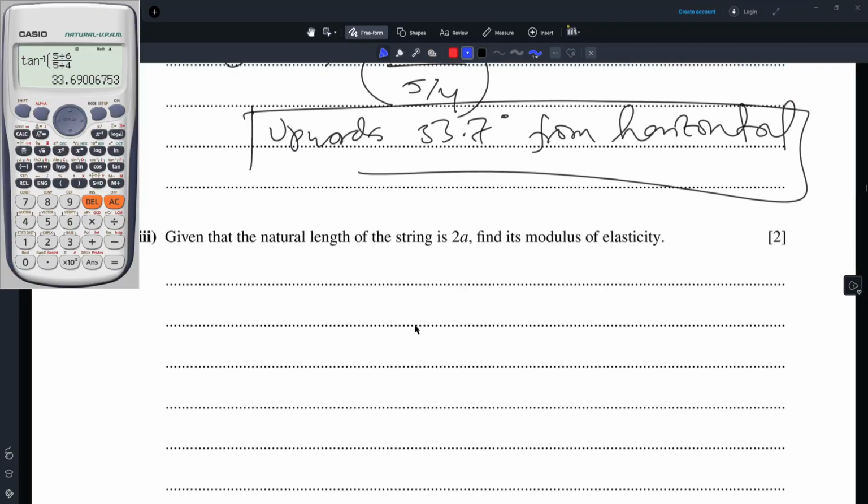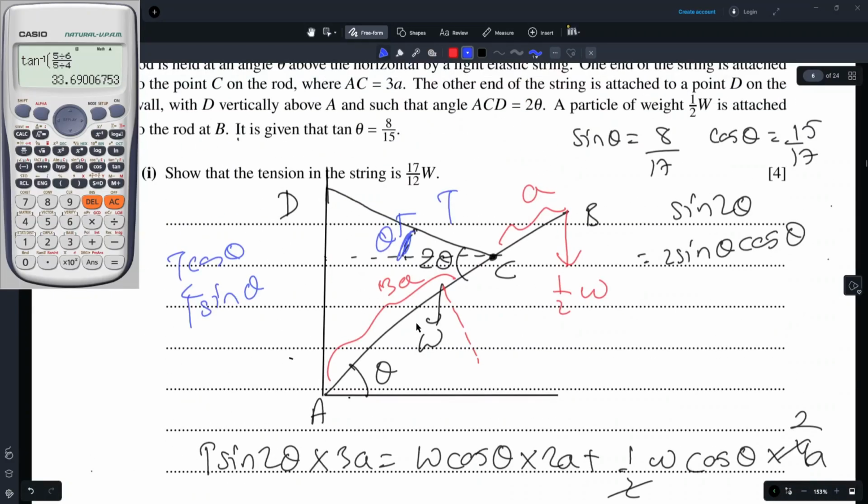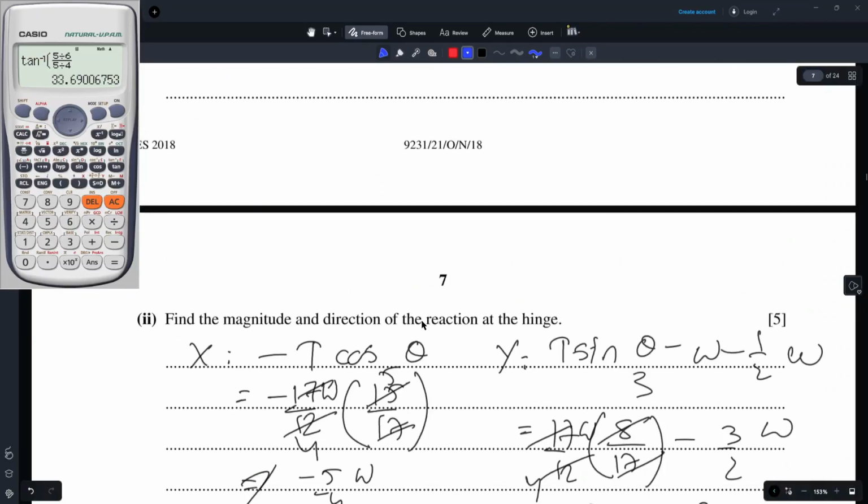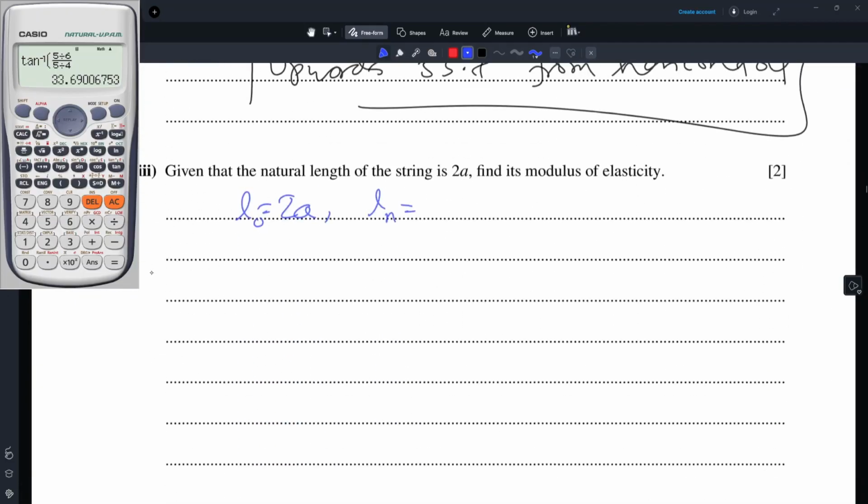And then we have, given the natural length of the string is 2a. So natural length is 2a, extended to a final length, and the new length happens to be, okay, for the new length I have to find it. So this is 3a, this is theta, so this is supposed to be 3a cos theta, or 45a by 17.